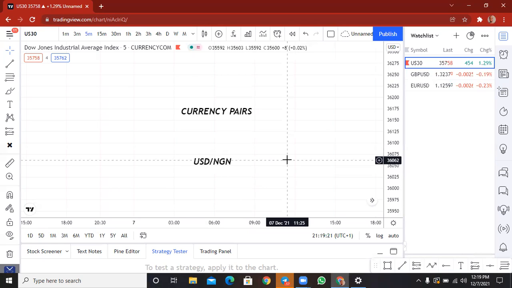So the whole transaction charges and everything will be arranged or calculated based on what is the prevalent currency, like what is actually the base.